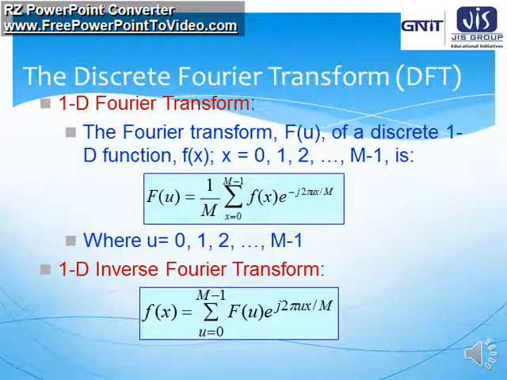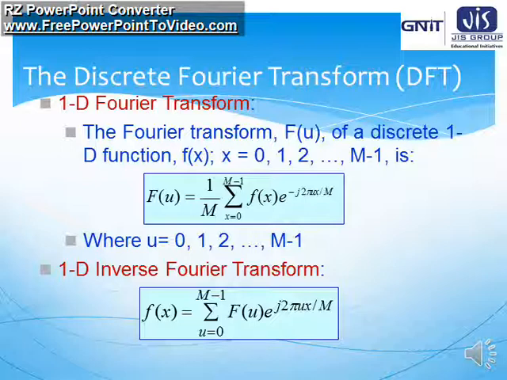The discrete Fourier transform, DFT. The one-dimensional Fourier transform F(u) of a discrete 1D function f(x), x equals 0 to M minus 1, is F(u) equals 1 by M summation of x equals 0 to M minus 1 f(x) e to the power minus j2 pi ux divided by M, where u equals 0, 1, 2 to M minus 1.